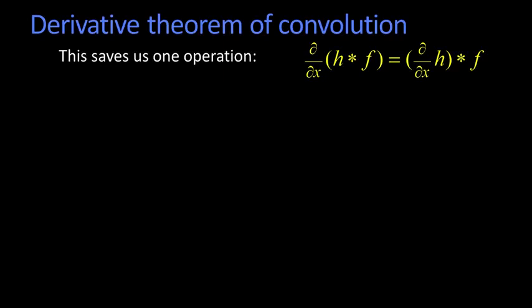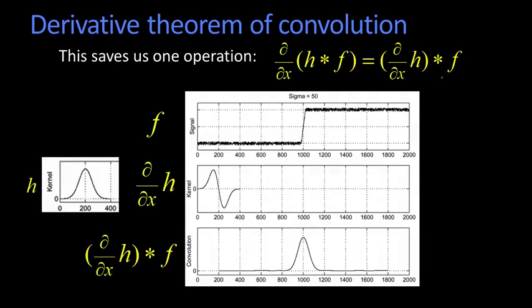Before we go ahead and do that, remember this whole notion of associativity and linearity, etc.? We can save ourselves an operation because the derivative of H convolved with F is the same as the derivative of H convolved with F. So what does that look like when we're doing this edge detection? Here we have the same F that we had before. Now I take my H and I take the derivative. That now looks like this.